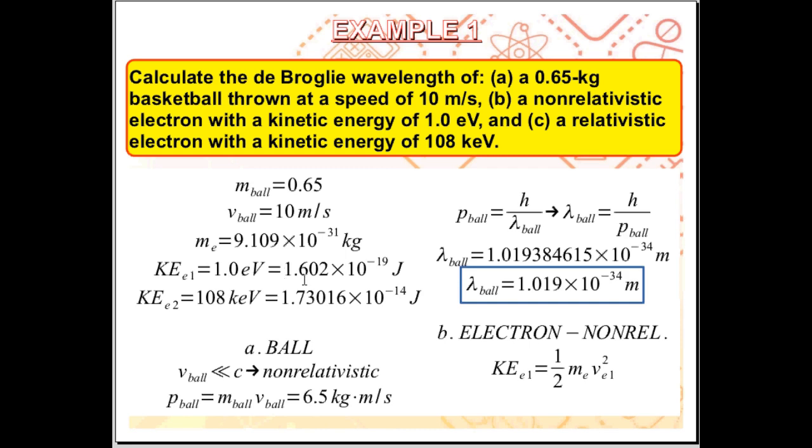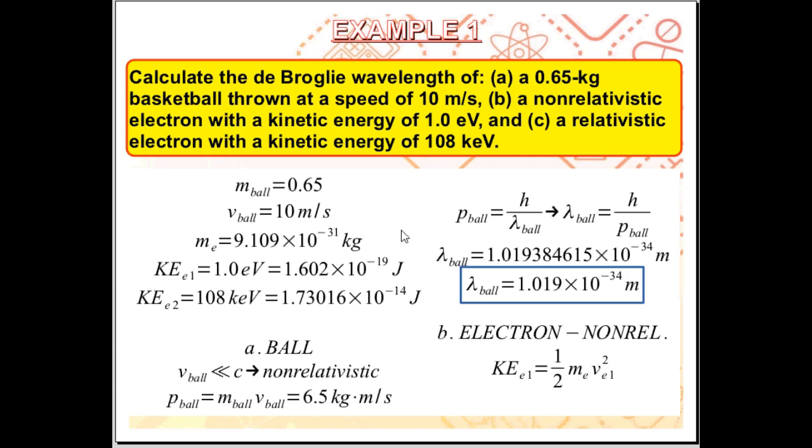That's equivalent to 1.602 times 10 to the negative 19 joules. The relativistic electron has a kinetic energy of 108 kilo electron volts. That's equivalent to 1.73016 times 10 to the negative 14 joules.